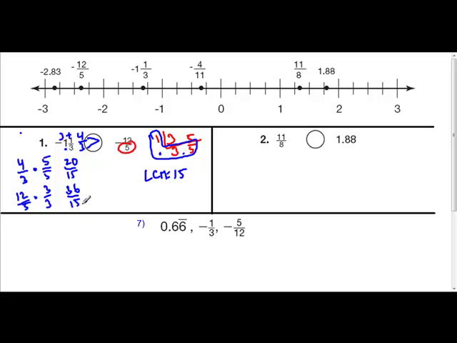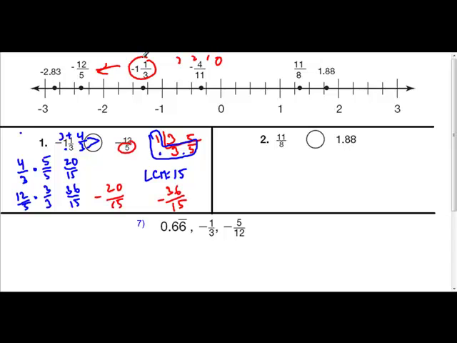But we have to think about something. One of these is positive and one of them is negative. So let's write them over here, and I'll write them in red so we can see it a little clearer. We have 20/15, and we have 36/15, and they're both negative. Well, if they're negative, that means this 20/15 is going to be right here on the number line, and 36/15 is going to be further that way, because remember, with negatives, going from 0, it's going to be going 1, 2, 3.